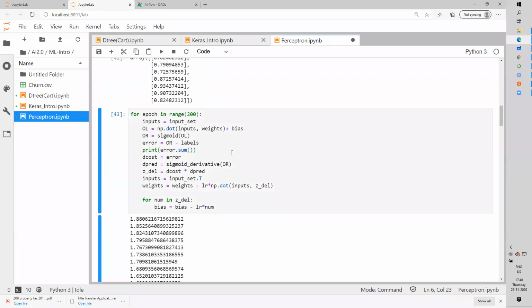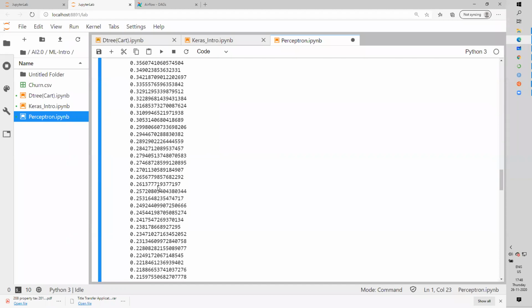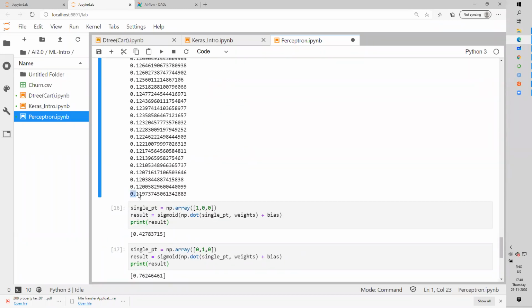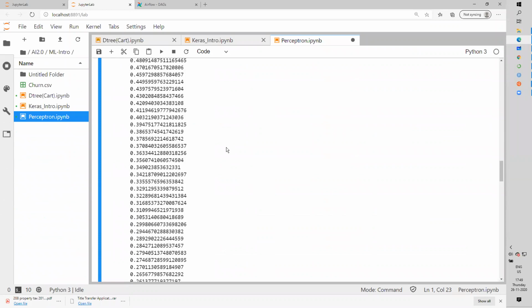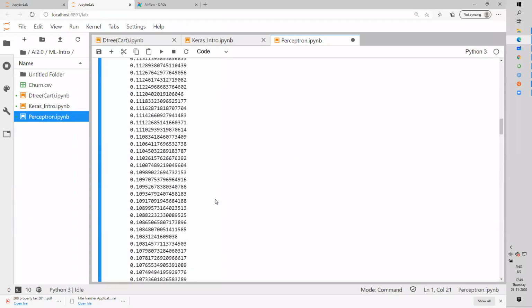So now let me run this loop. It ran already. It's very fast. 200 iterations is not a big deal. It starts with 1.88 and you can see after 200 iterations, our error has almost decreased to 0.11. We can still decrease this further. So there is a possibility. Let's say we increase the number of iterations to 300. We keep a watch on how our error is decreasing.